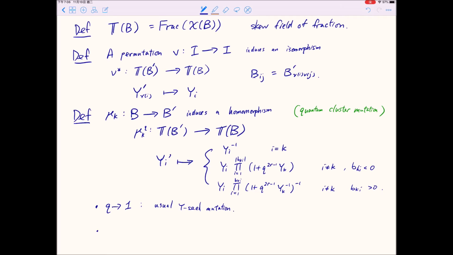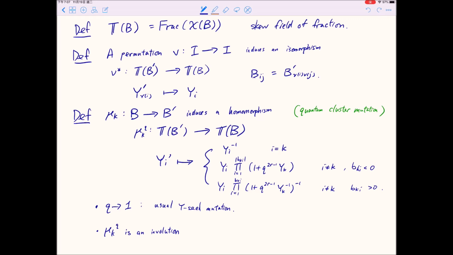And also one can check that this actually is still an involution, in the sense that if you mutate the expression one more time, you will go back to the original skew field, and then this will be the identity.